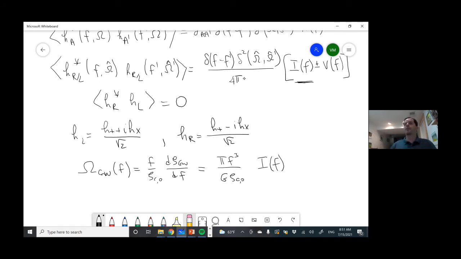So the result of that is that this axionic field produces a polarized background at the end part of the inflation, which we can then search for today.